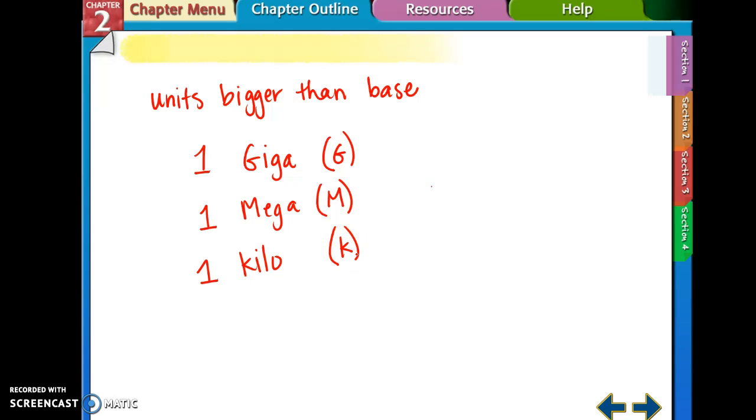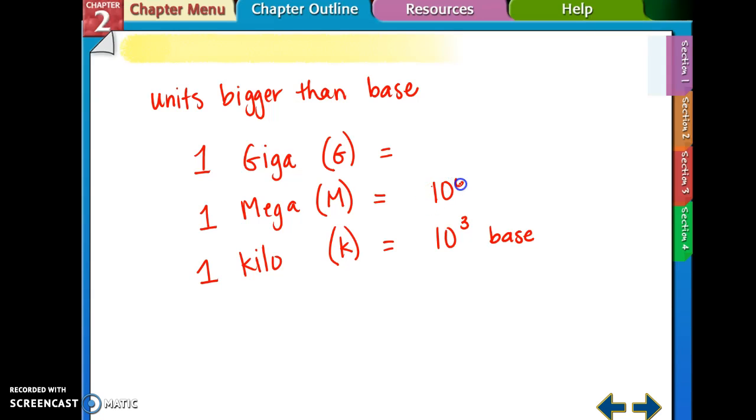We'll go back and talk about the others in just a second. There are 10 to the third base units in every 1 kilo unit. So that means for every 1 kilometer, there are 1,000 meters.